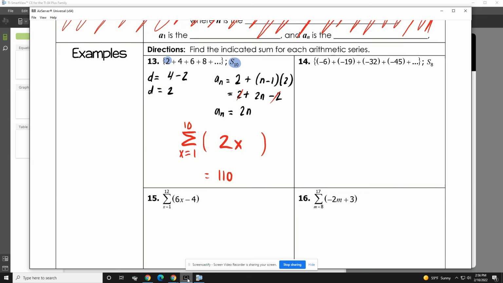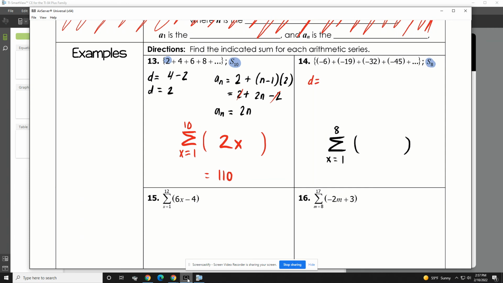Okay? Watch how easy we can do this. What are we trying to find? We're trying to find the sum of this series from where? The first term to what? The 8th term. Look, S sub 8. We just need to know our sequence formula. So we start off with our common difference.